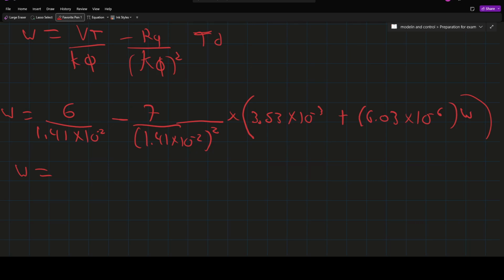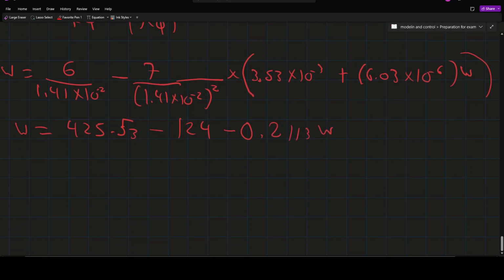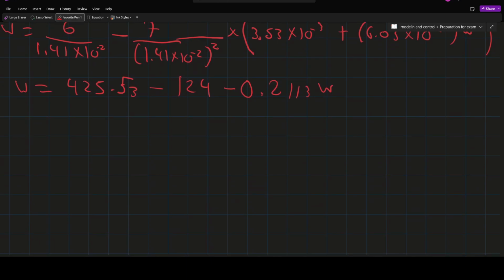We're going to have here 425.53 minus 124 minus 0.2113 omega. So if we simplify everything and solve for omega, we get 248.7 radians per second.